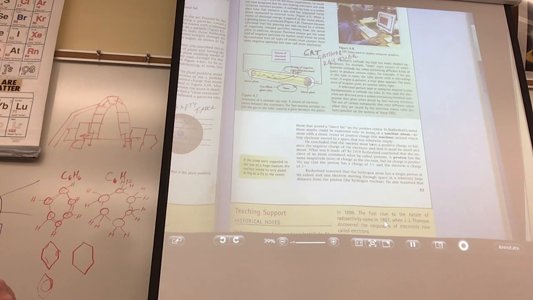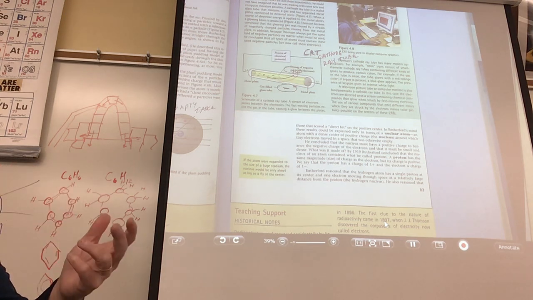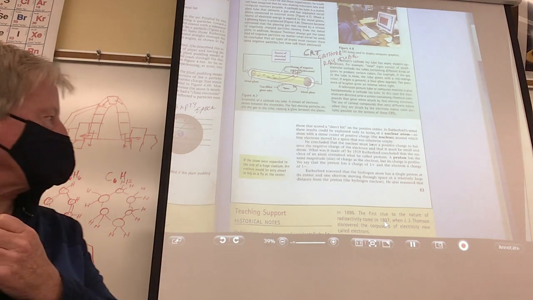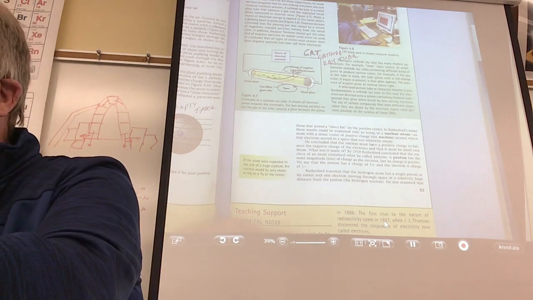What was it made of? He concluded that the nucleus contains what he called protons, positively charged particles. A proton has the same size of charge as the electron, but it's positive. Rutherford reasoned that the hydrogen atom is a single proton at the center and one electron moving through space a relatively large distance from the nucleus.